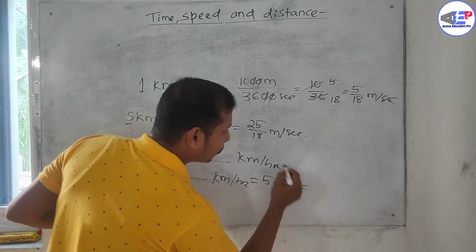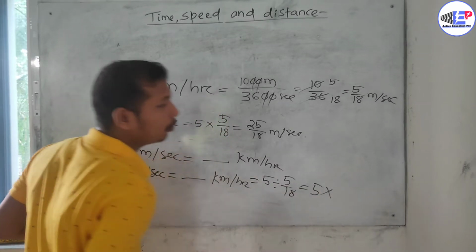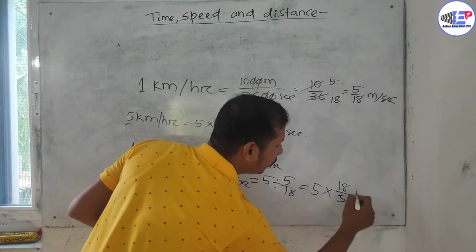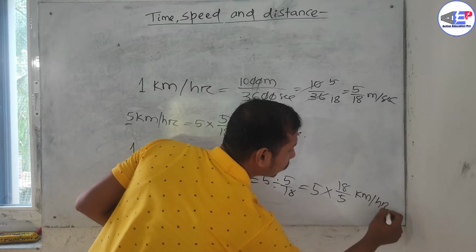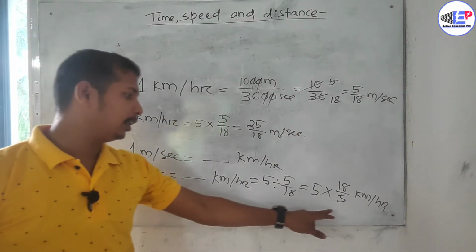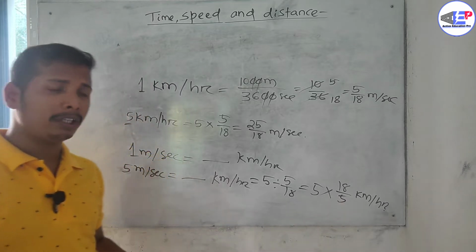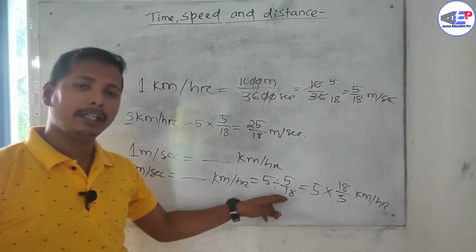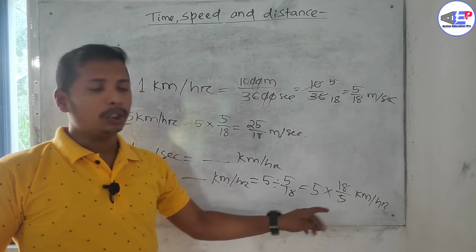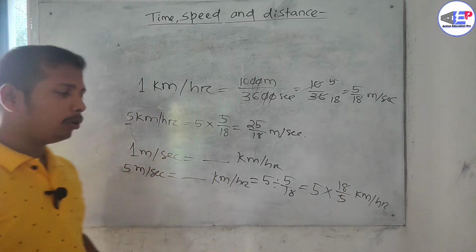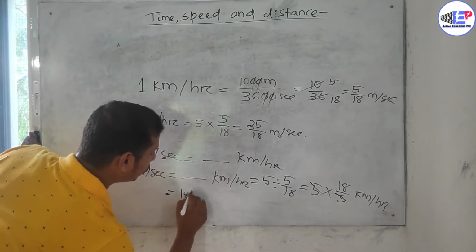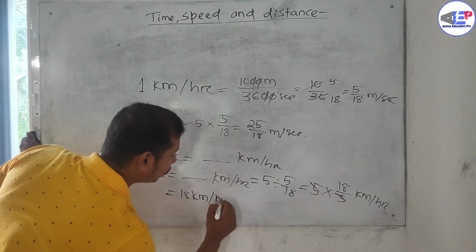So it will come to the top when we multiply it. So it will give 5 into 18 by 5 kilometer per hour. Here we see that we can also multiply it with 18 by 5, instead of dividing it with 5 by 18. So it will be equal to 18 kilometer per hour.